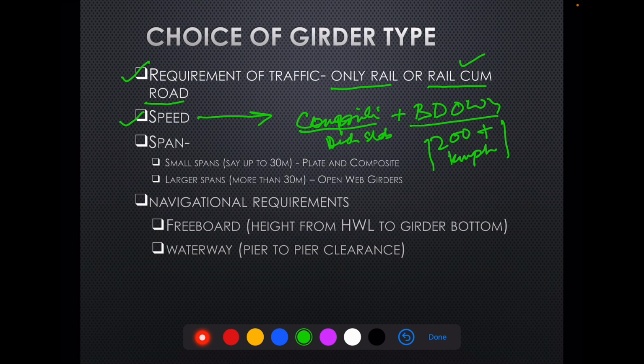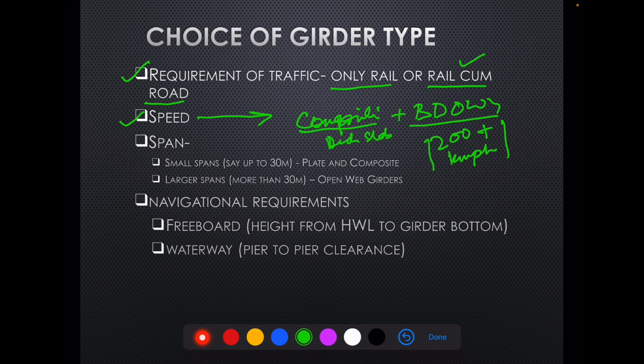So the design of bridges for higher speed trains must satisfy the limits for these parameters. What are those parameters? I will name a few. We have to see what is the maximum vertical displacement, what is the maximum vertical deck acceleration, what is the maximum vertical and horizontal angular rotations, what is the maximum vertical alignment irregularity.